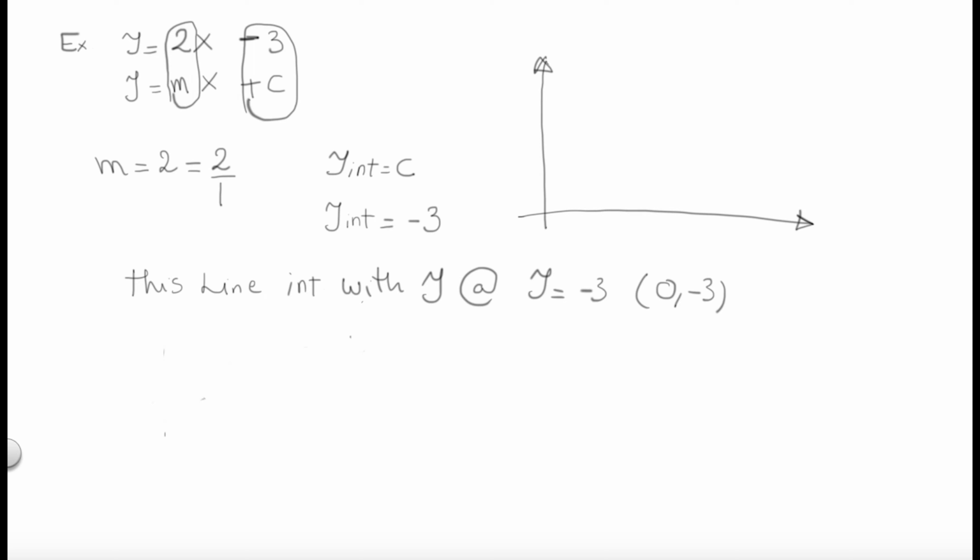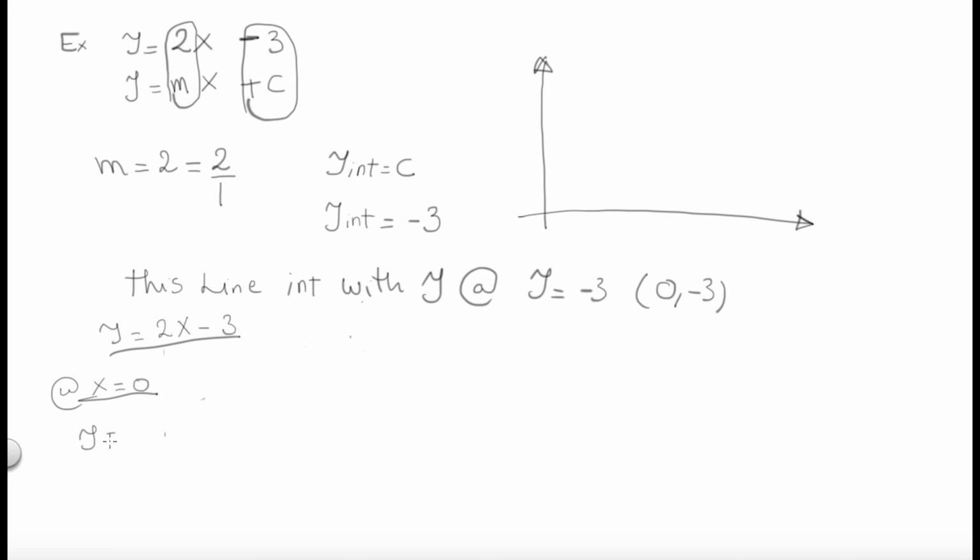If we want to draw y equals 2x minus 3, what are the 2 points? Let's put x equal 0. So at x equal 0, we will substitute in the equation.